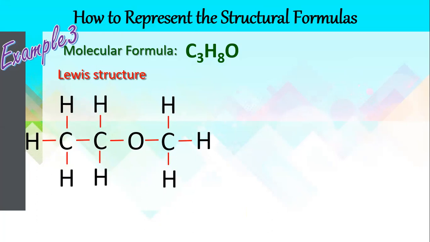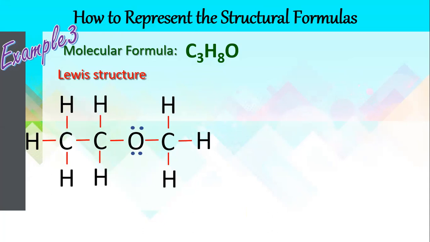But it's not yet over, because we have to show the two lone pairs of oxygen. So there you go. Remember our lecture in chemical bonding? It is very important that you place those unpaired electrons to show that the structure followed the octet rule.